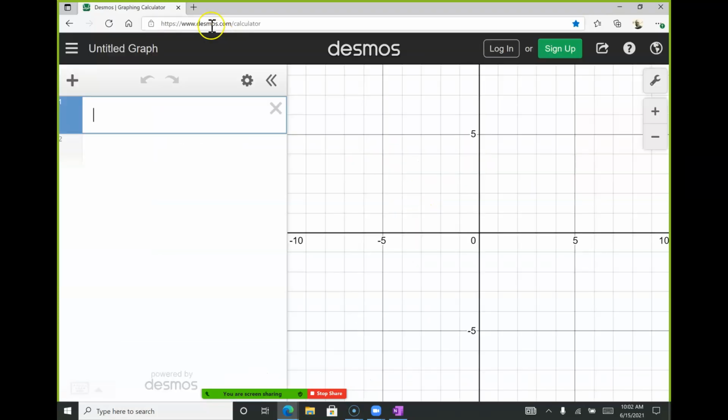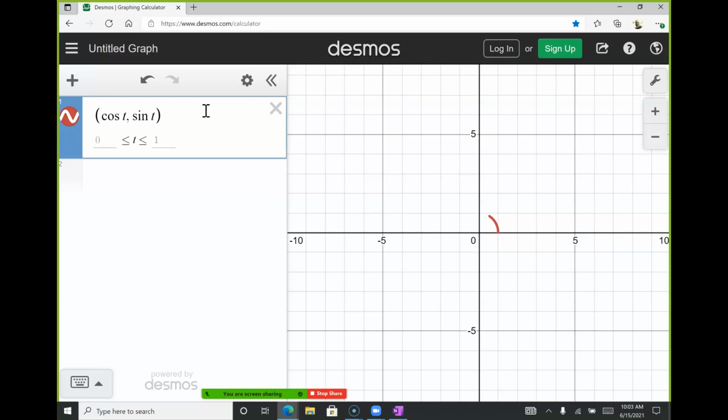You just got to plug them into our formulas. When I write a parametric on Desmos, I put it as a coordinate. So x was cos of theta, right? So I'll use cos of t, comma sine of t, instead of writing out theta.